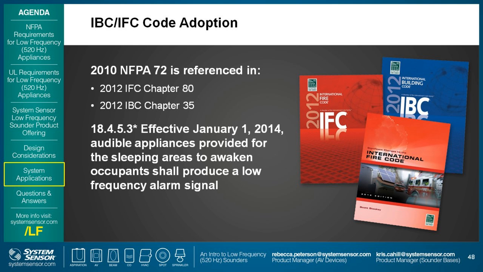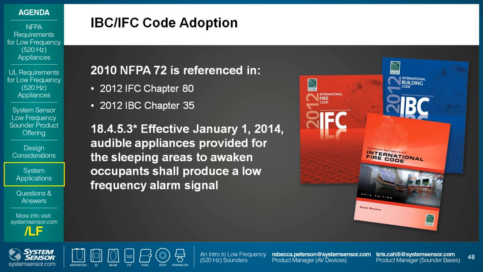And the 2010 edition of NFPA 72 is referenced indirectly in Chapter 80 of the 2012 International Fire Code and Chapter 35 of the 2012 International Building Code. Section 18.4.5.3 in NFPA 72 requires a low-frequency audible notification appliance in all occupancies having a protected premise fire alarm system to alert sleeping individuals.